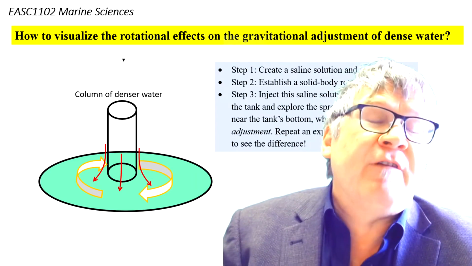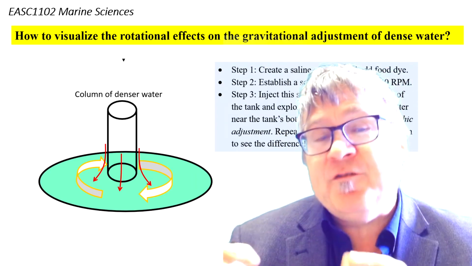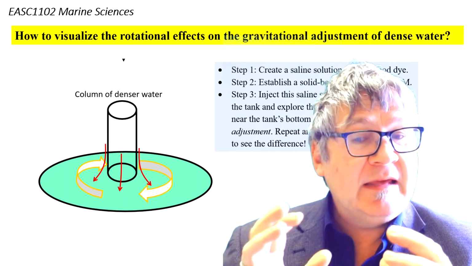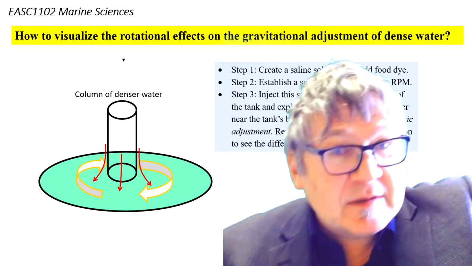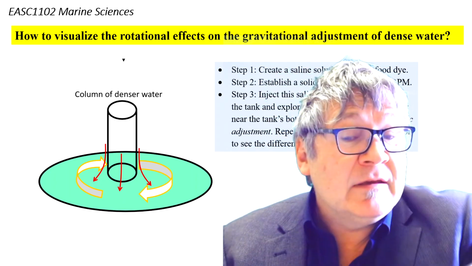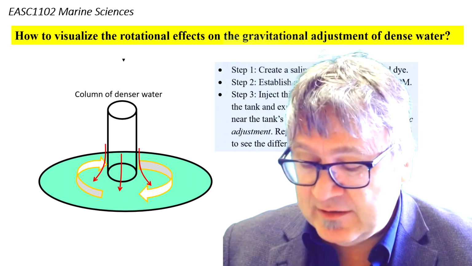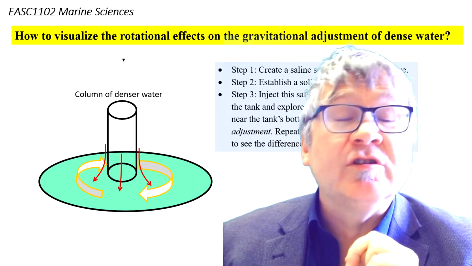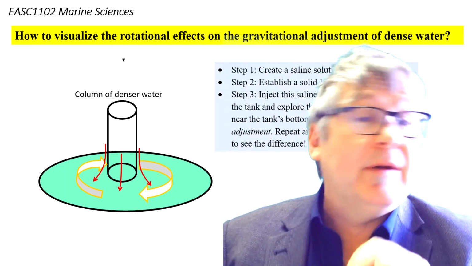There are some frictional effects with the seafloor here, but the first most important key feature that you observe is this geostrophic adjustment, something that creates an eddy near the floor of your tank. That's a second process that you can visualize. But there's more.